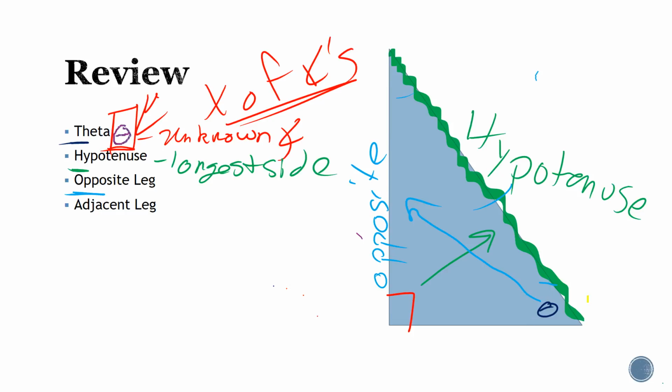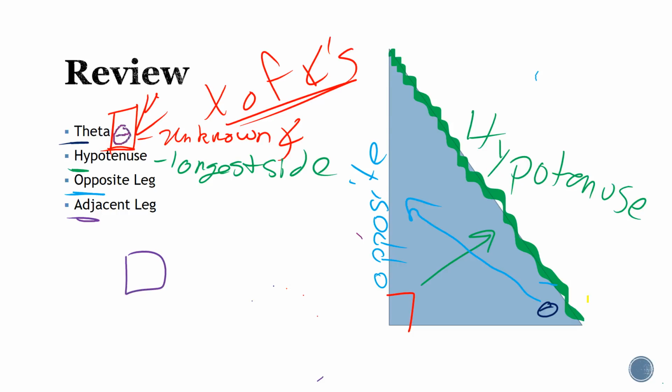The adjacent, well, adjacent just means that it is next to. Like if you had a house that was adjacent to the store, you would be next to the store.